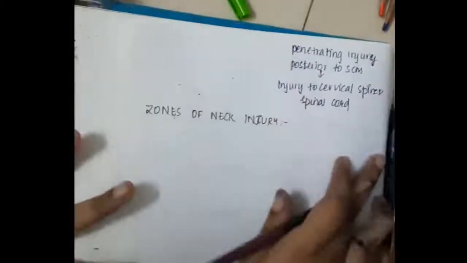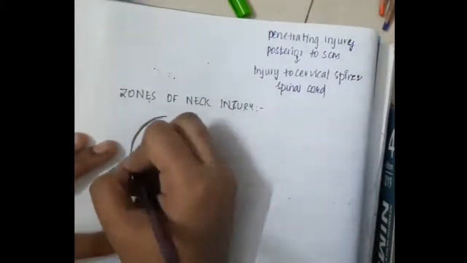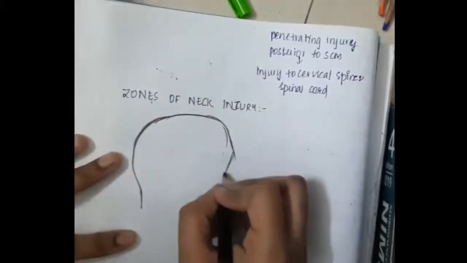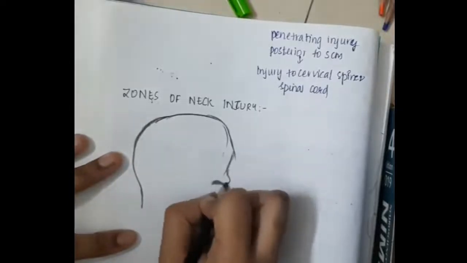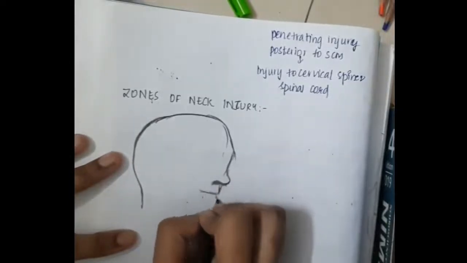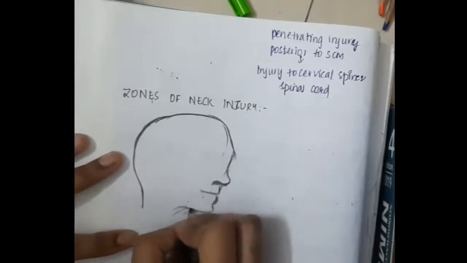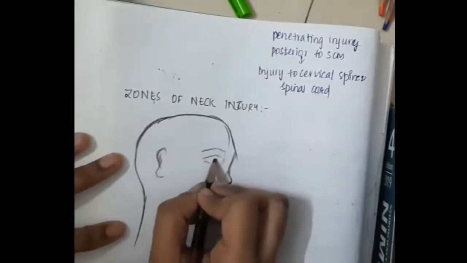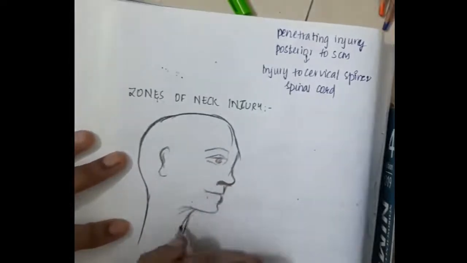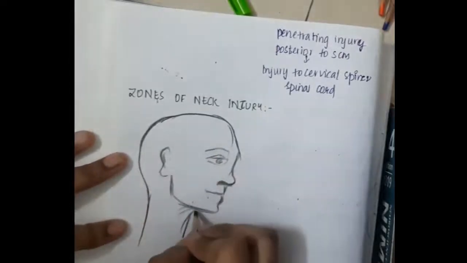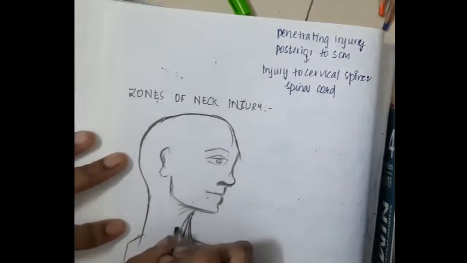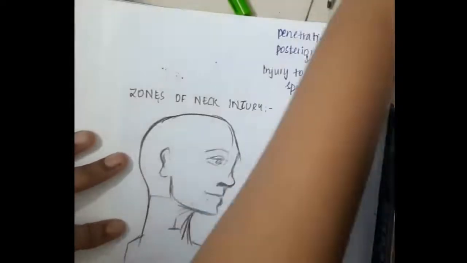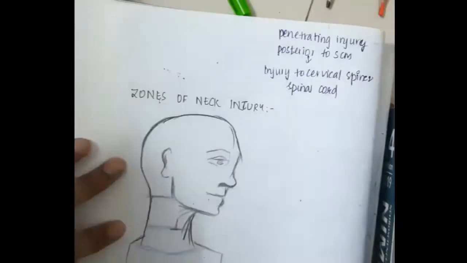Now the important point is about the zones of neck injury. We can divide the neck into three zones. So, if this is the person, now we have divided it into three parts.